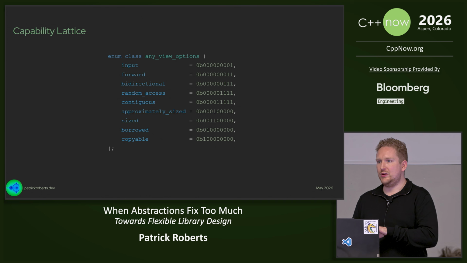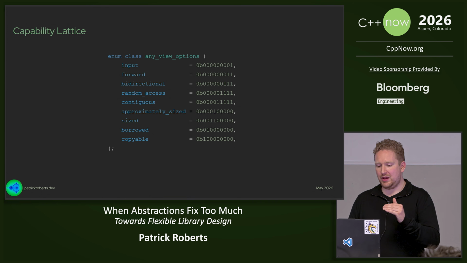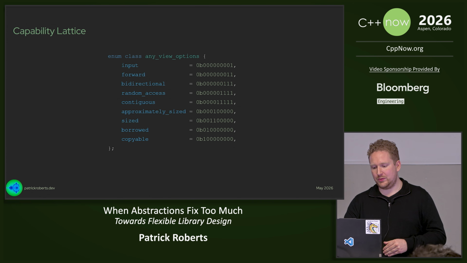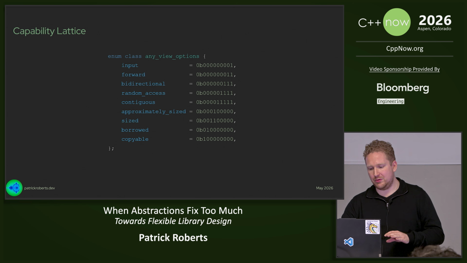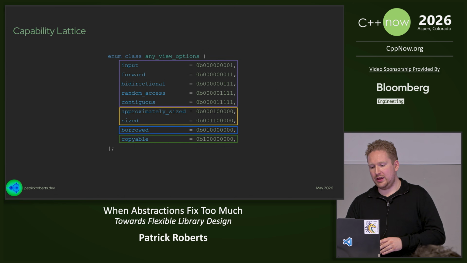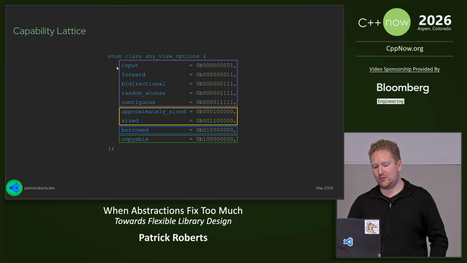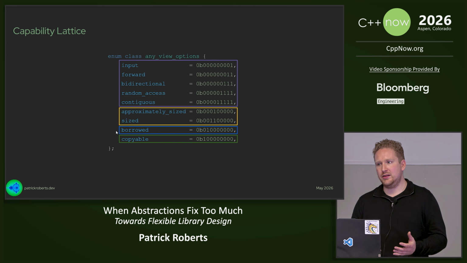Yeah. So here's what the AnyView options look like. It's the bit mask, and so you look at how the bit mask is actually grouped, and you can see the different dimensions that emerge from the capability set. So you have one dimension for the input category, the iterator category. You have another dimension for the size capability, and then another dimension for borrowed and copyable. Borrowed doesn't actually need any function pointer to facilitate that capability.